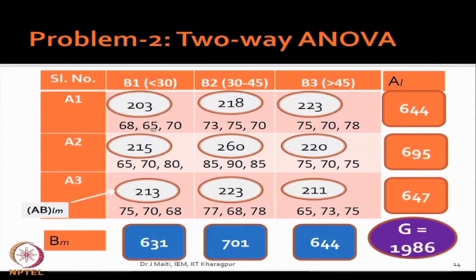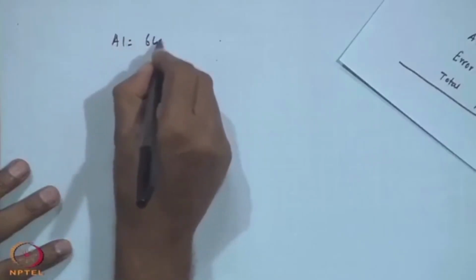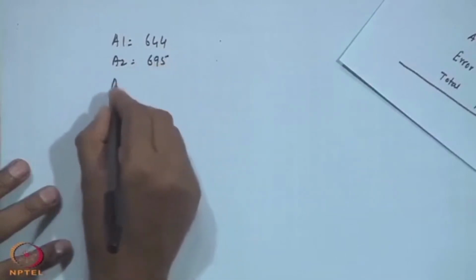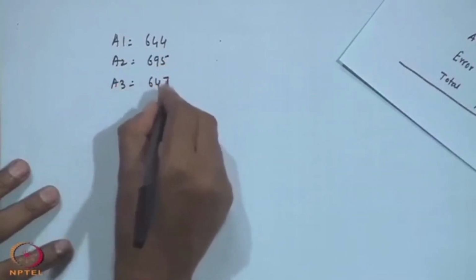Total means 68 plus 65 plus 70, all values. This is 644. For A2 it is 695, for A3 it is 647. So, we are denoting it as A1, A2 and A3. Write down A1 equal to 644, A2 equal to 695, A3 equal to 647.